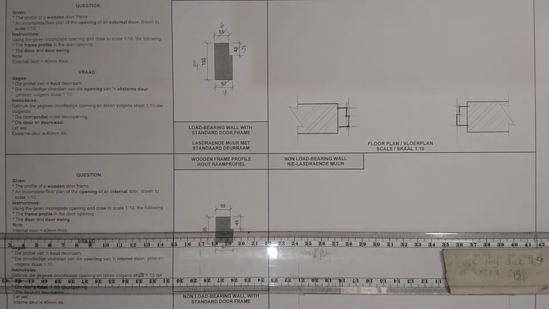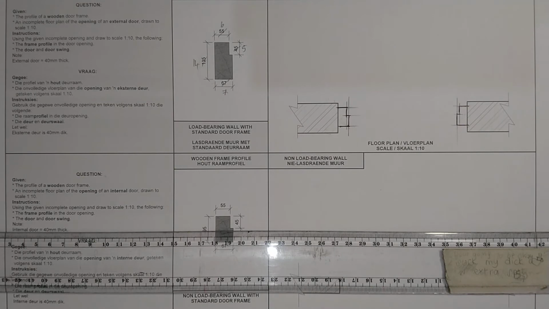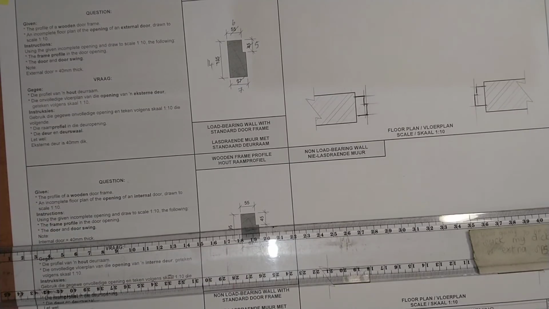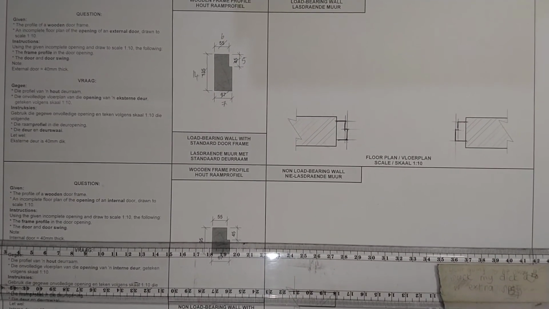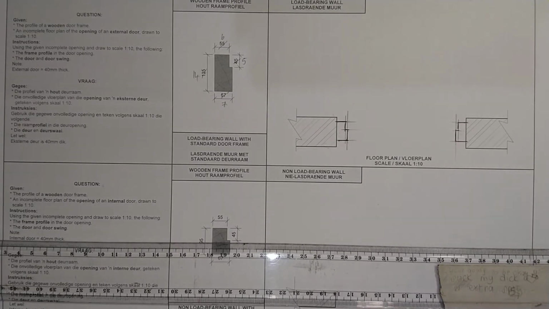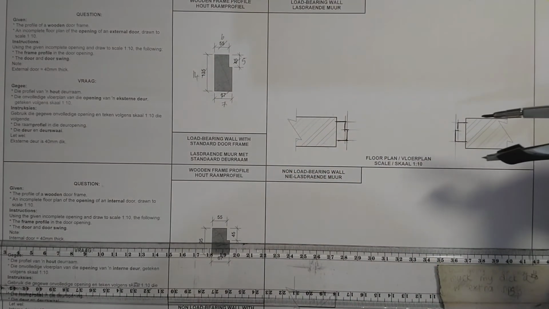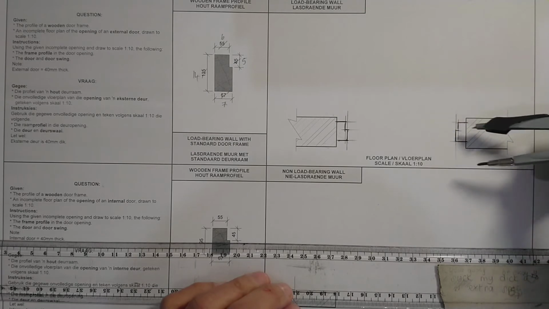There's your frame. And then, boys and girls, you are now going to do the swing. Sorry, I just moved mine. Okay. So here's your compass, and you're going to put your compass perfectly.